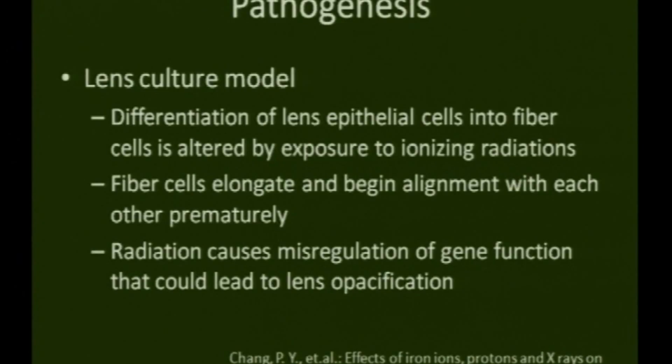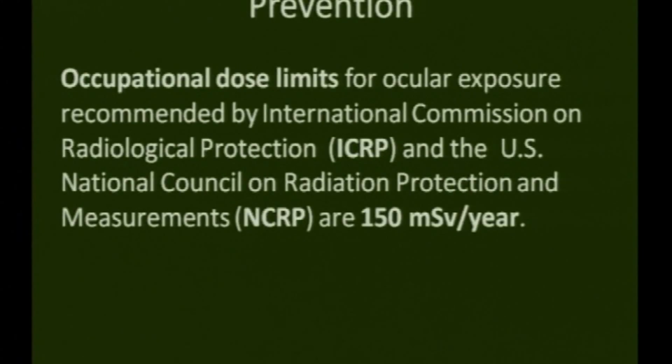Because in a lens culture model, we can see that the differentiation of lens epithelial cells into fiber cells is altered by exposure. And if the fiber cells elongate and begin alignment with each other prematurely, you get opacification. Also, it causes misregulation of the gene function, so even the genes are affected.